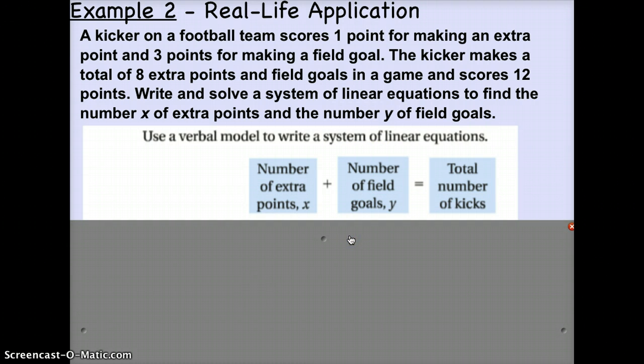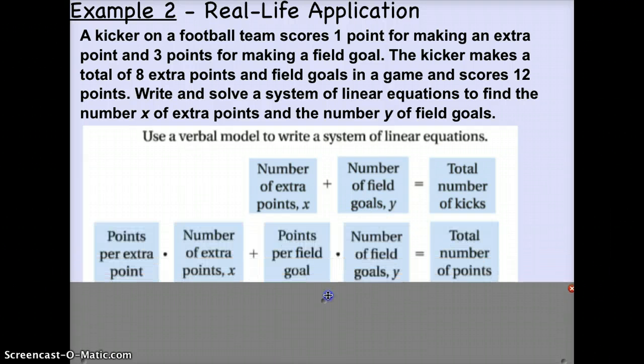So your first 3 boxes, we're going to take the number of extra points, which is represented by the variable x, and the number of field goals, which is represented by the variable y, and we know that if we add them together, that's going to give us our total number of kicks, because you're kicking for an extra point and you're kicking for field goals.